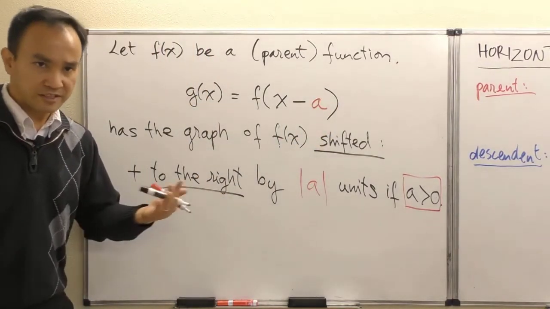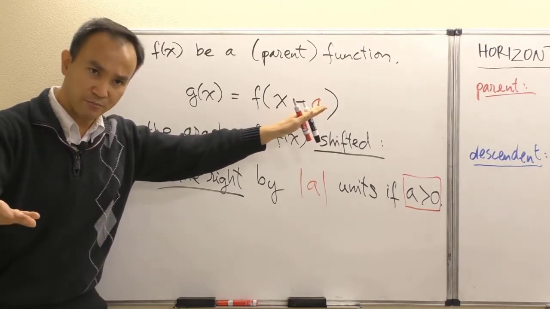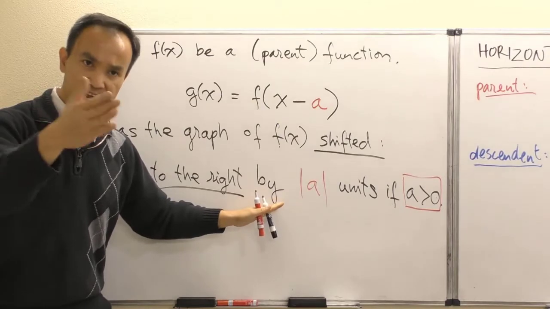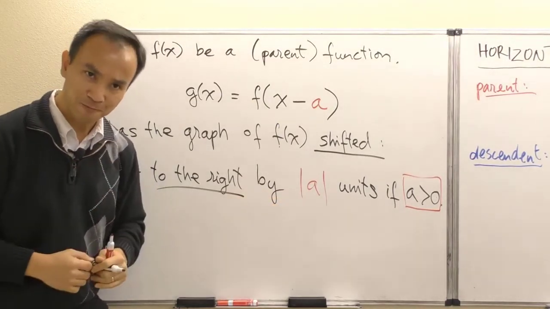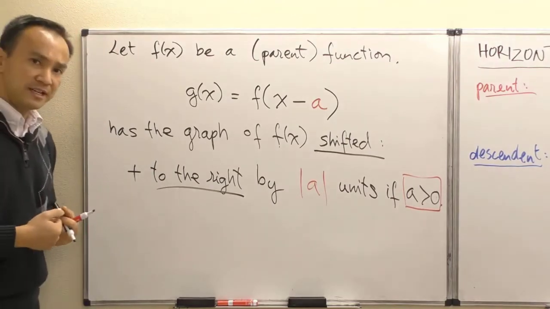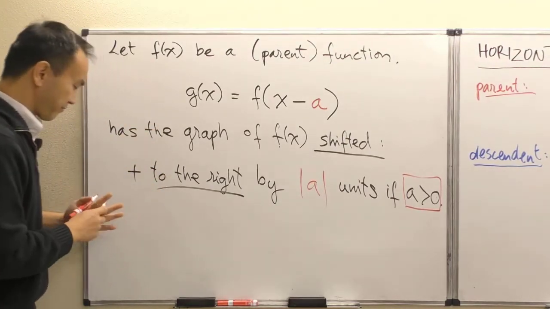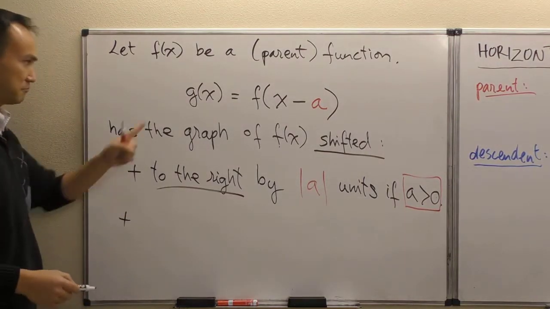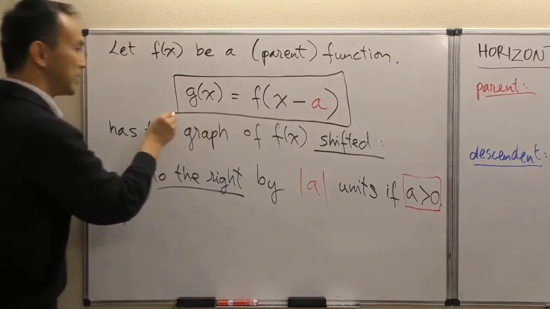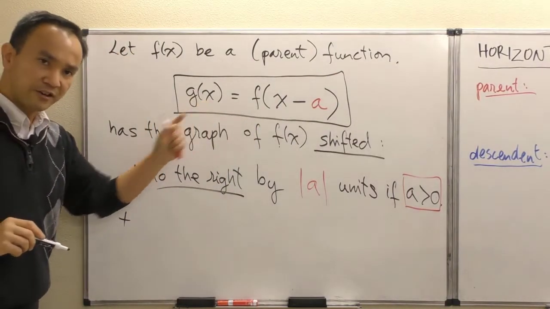So if it's just x minus 5 here, for example, or x minus 2, like how I brought up earlier, then that's just by 2 units, because it's absolute value of positive 2, which is 2, needless to say. Okay, so in that way, to continue with this generality right here, g of x defined in this way. So this is the real point of generality right here.